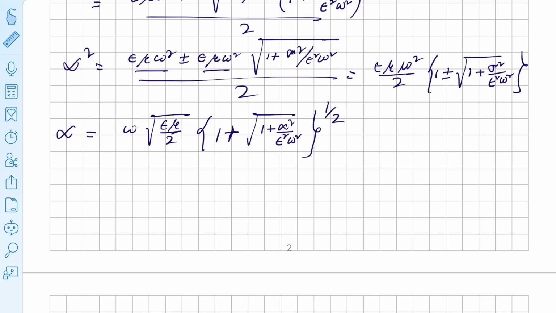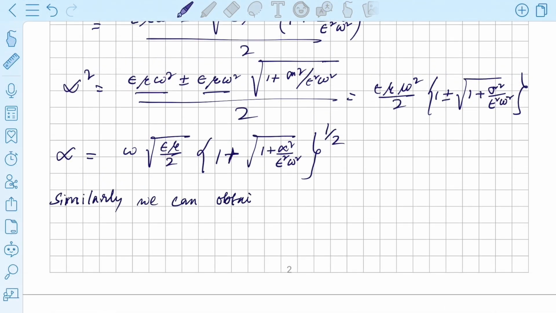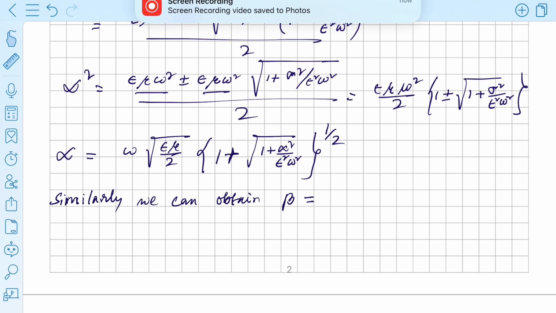So now you see, if we get this alpha, similarly we can obtain the beta as well. We don't need to show it again. Similarly we can obtain beta, which is the same kind of result, but here you see what will be the difference.